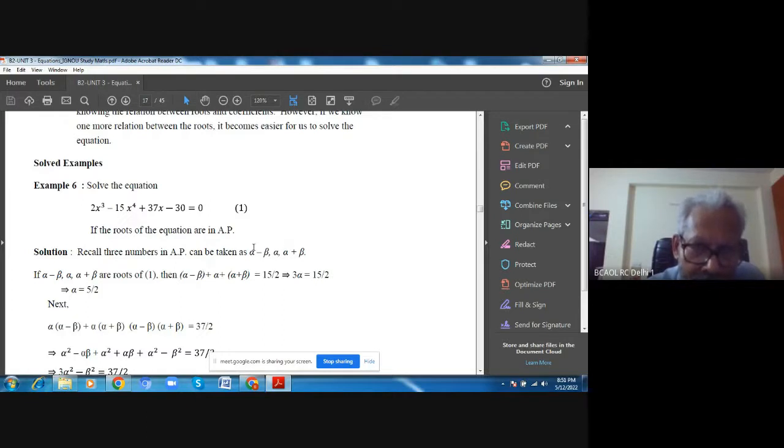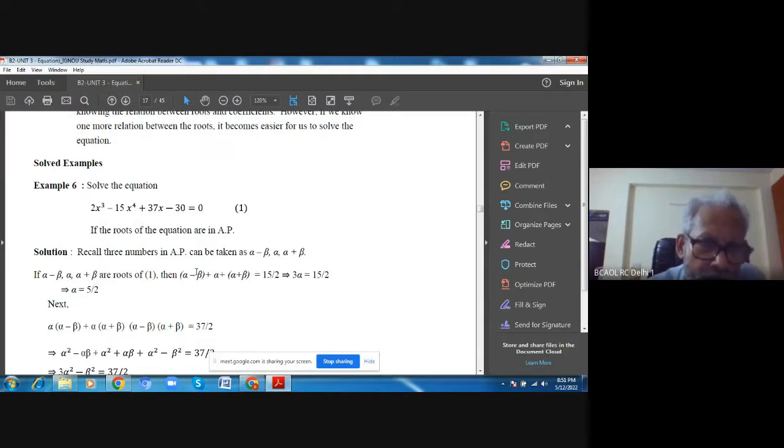There are three elements of this particular series. So if alpha minus beta, alpha and alpha plus beta are roots, we are considering that there are three roots in this sequence.